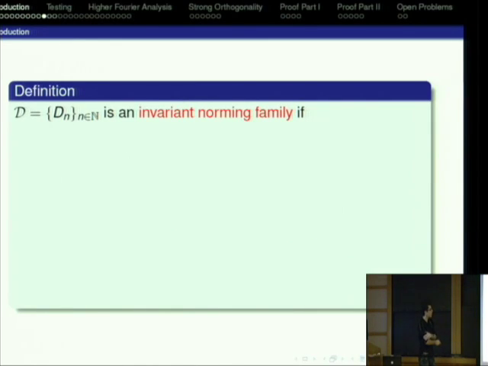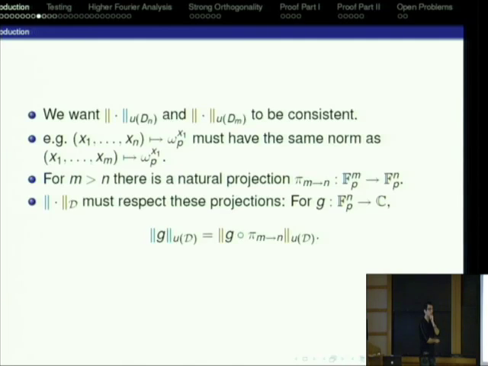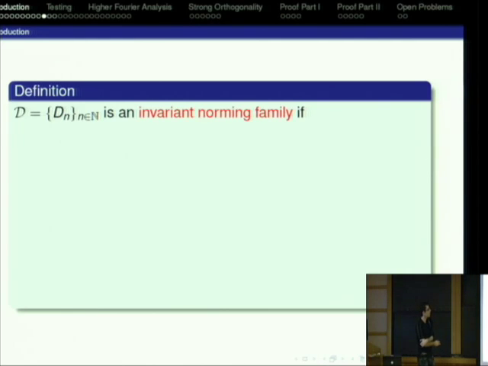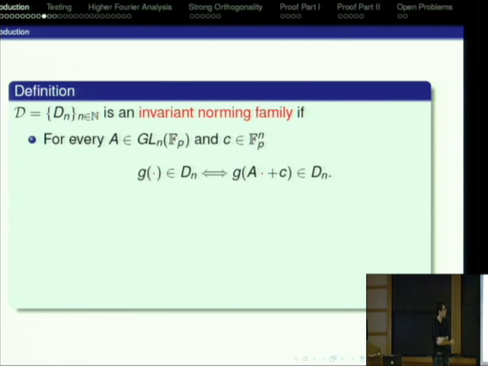Sorry, for which projections? For just the fixed projection? Yeah, the one that drops the last coordinates. The affine invariance doesn't actually matter here.